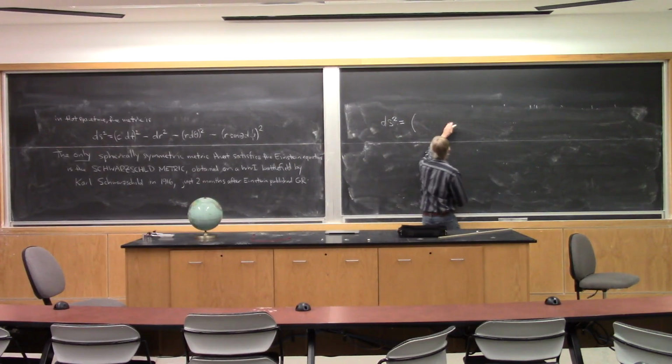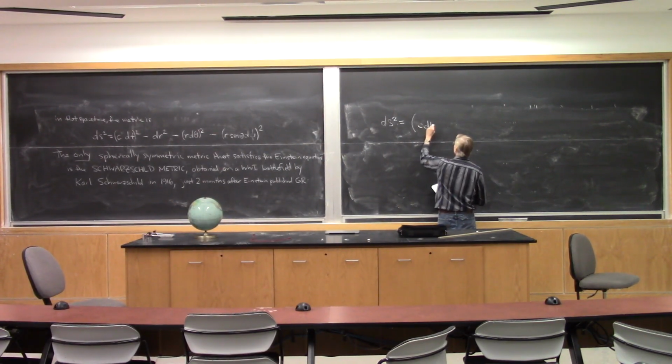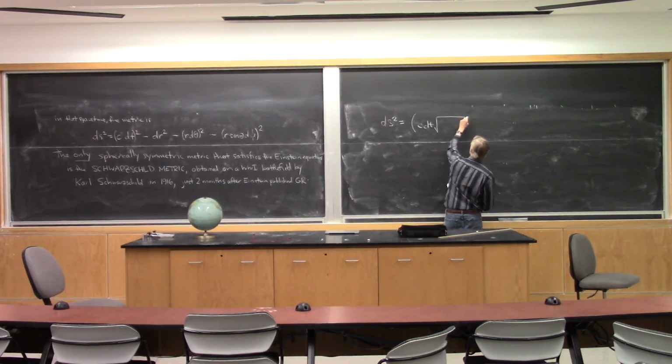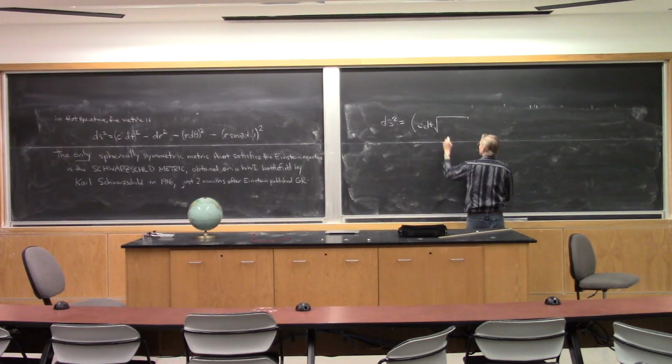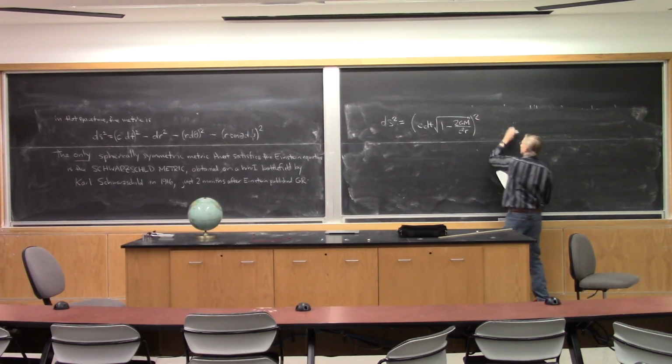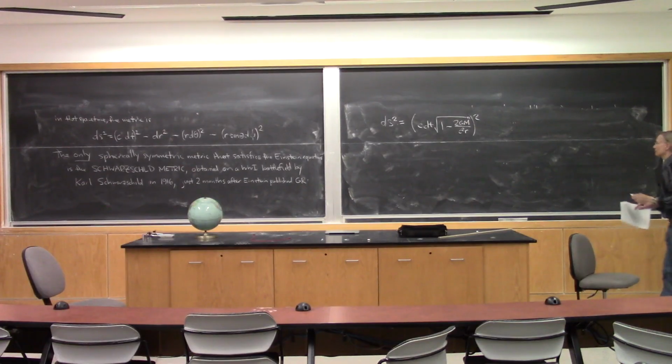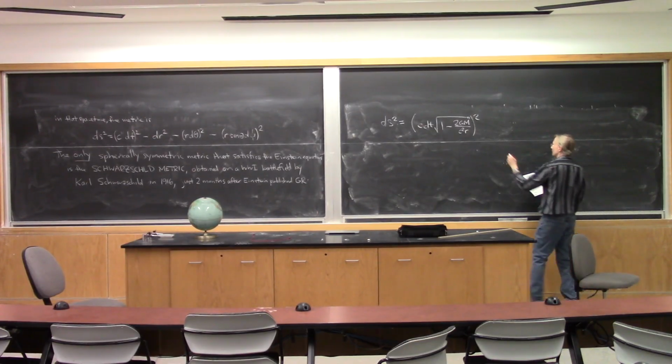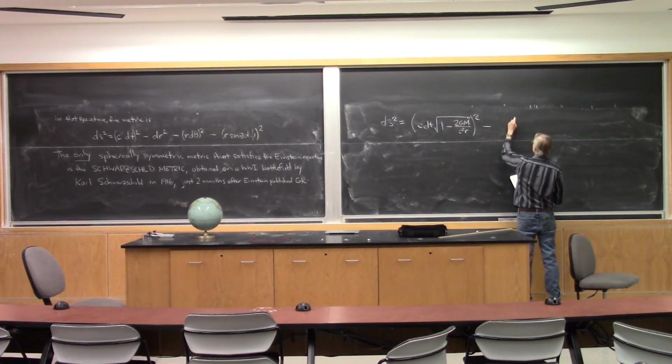It's c dt times the square root of the quantity 1 minus 2GM over c squared r, squared. So the time piece gets multiplied by that square root right there. The space piece gets divided by it.